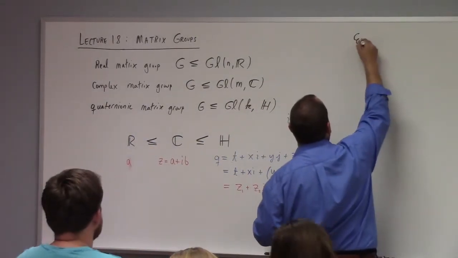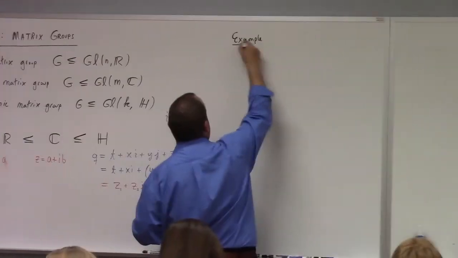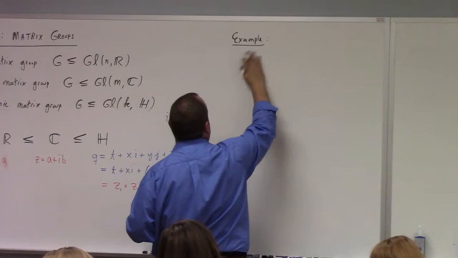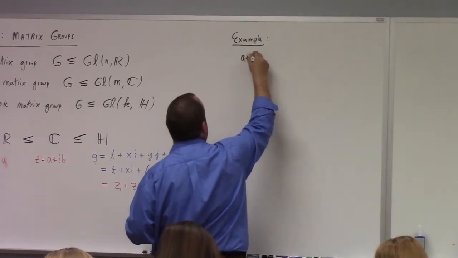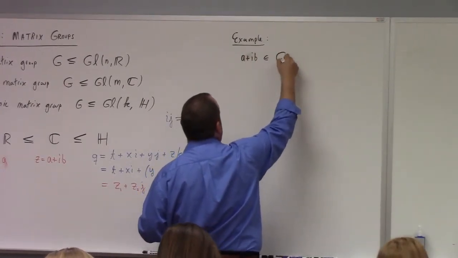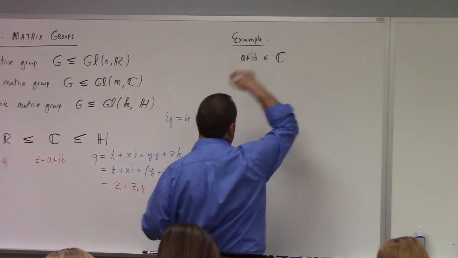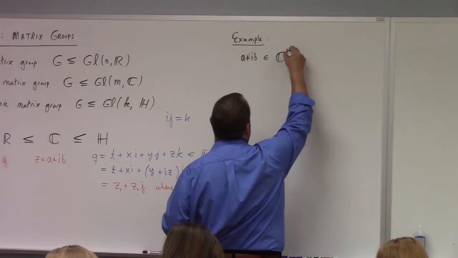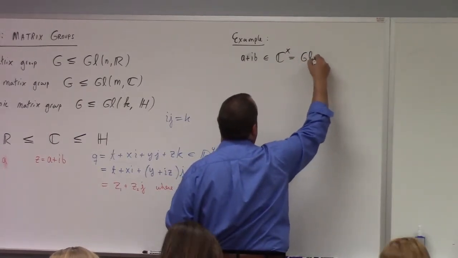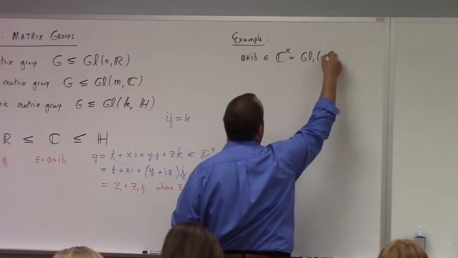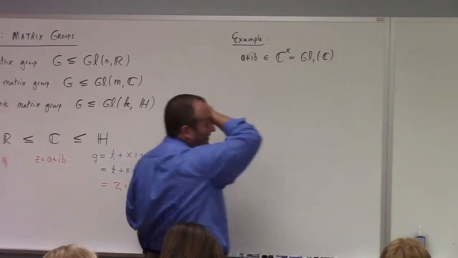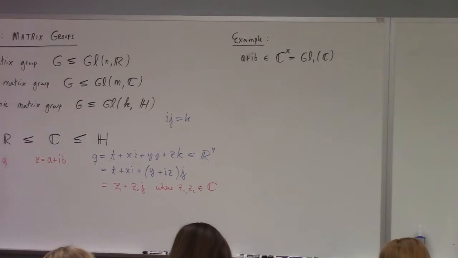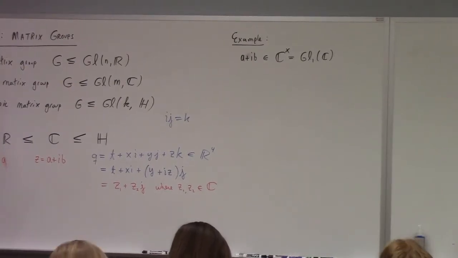Here's a simple example of that thing that I was just saying. What if we have a 1 by 1 complex number, otherwise known as a plus ib? This is an element of the complex numbers. And we could think of that as being, let's say non-zero, so then that's GL1C, I suppose. All right. To what natural 2 by 2 real matrix does this correspond?